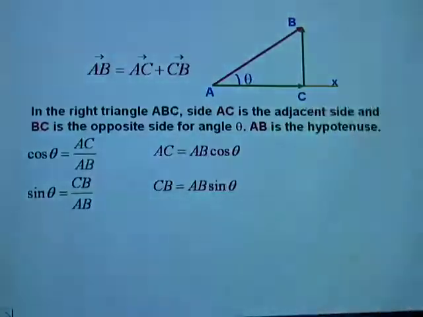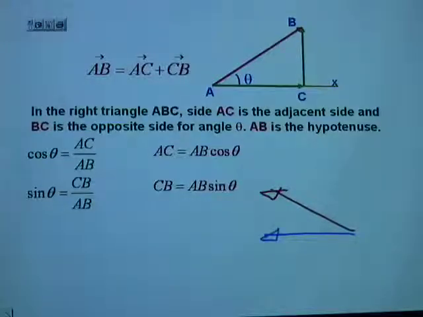For example, let me illustrate that with another example. Suppose this is my vector. What are its components? Its components are, that is the x component, and that is the y component. And let's mark the angle. What is the angle made by this?